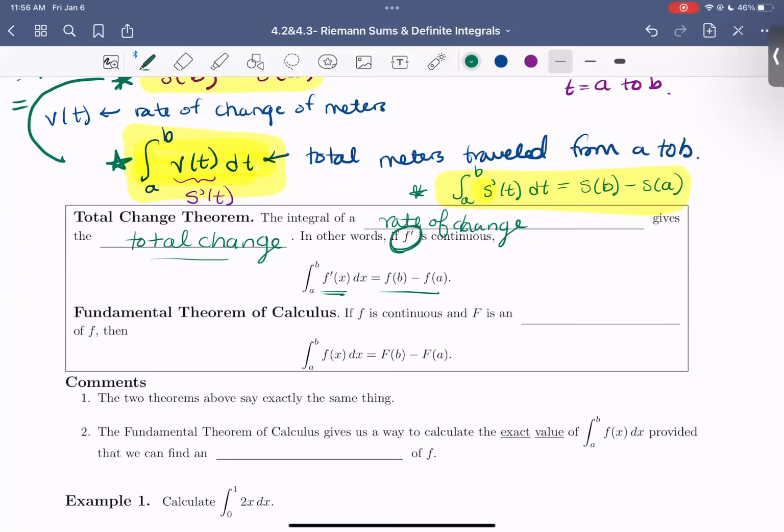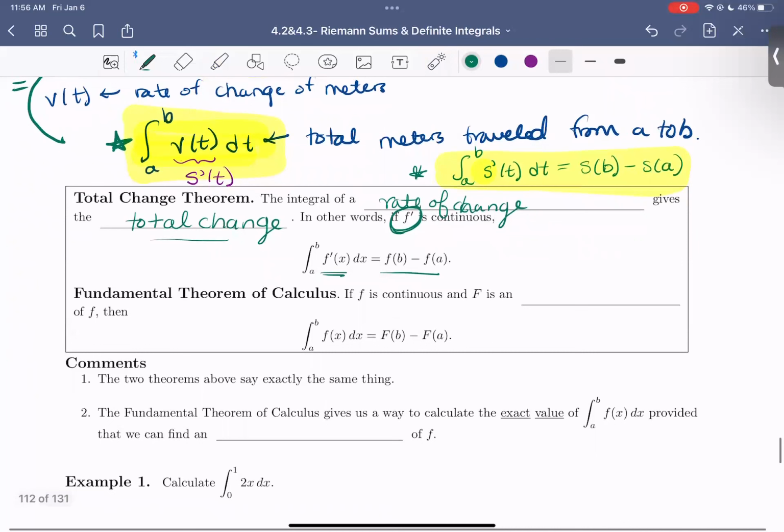Now let's look at the fundamental theorem of calculus. If we reworded this total change theorem, we'd have the fundamental theorem of calculus. Rather than using a rate of change function in this theorem, we use the function whose derivative is f. So it's just a change of words, a change of vocabulary.